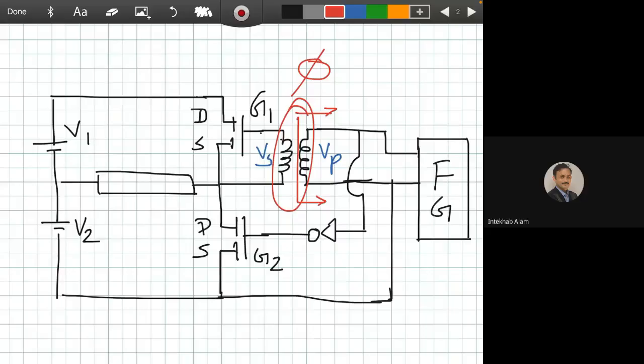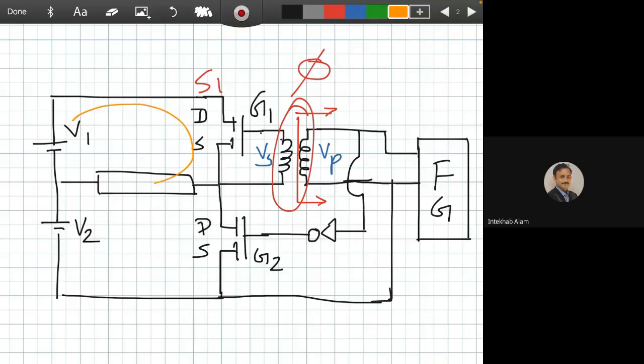So since there is no electrical connection here, whenever we switch on the switch S1, there will be no short circuit current in the system. So the load will see that the current flows in this direction. Okay. Is it okay with you now?